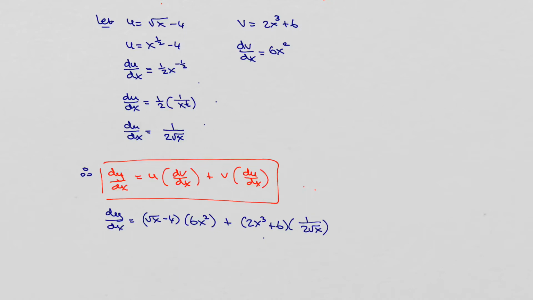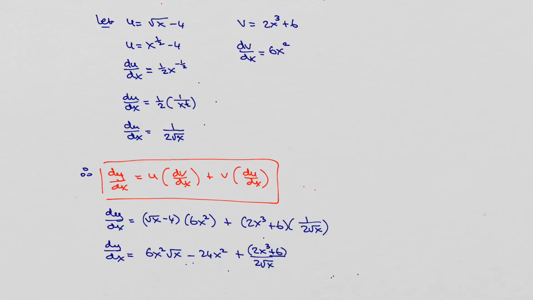And we can, of course, multiply out the brackets there, which would give us 6x squared root x minus 24x squared plus 2x cubed plus 6 over 2 root x. Sorry, that should be plus 6 on the top there.